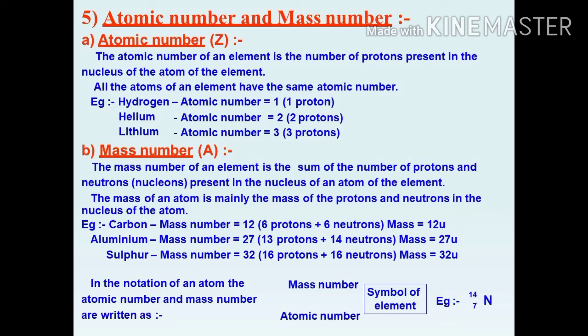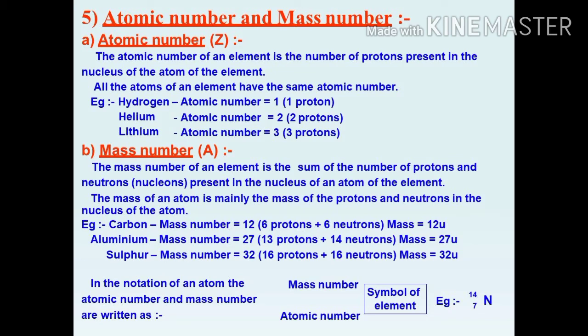Example, carbon, mass number 12. It contains 6 protons, 6 neutrons. Aluminium, mass number 27: 13 protons, 14 neutrons. Sulfur, mass number 32: 16 protons, 16 neutrons.